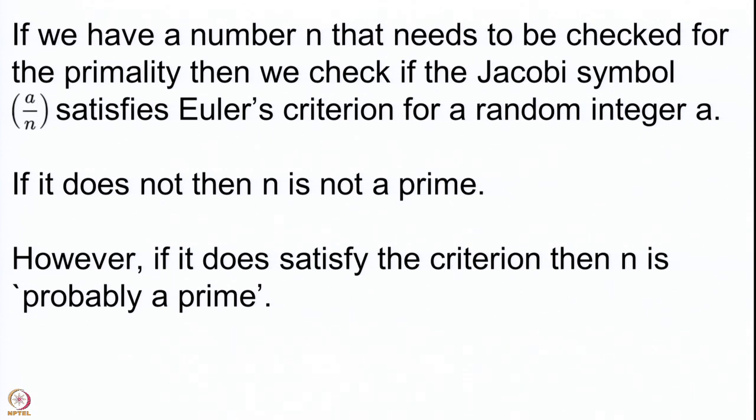This is where more advanced primality tests come into the picture. The tests will tell you how many integers you should check, and for how long you should go on checking. If you start from 1, the most natural thing is to check Euler's criterion for a equal to 2.